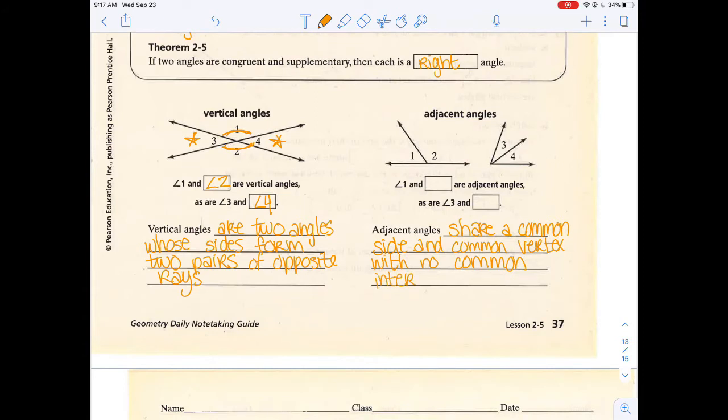So basically, they can share the side and the starting point, that's it. So angle 1 and 2 share this side right here. So angle 1 and 2 are adjacent. Angle 3 and 4 share this side. So those two are adjacent. The important part of this is to remember that adjacent angles share a common side.